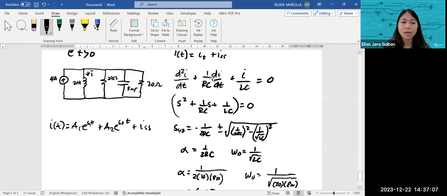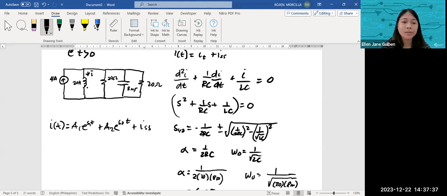Okay, how much is our ISS? If we get into the steady state, this one becomes open. This one, combine the two resistors, that becomes 10. So this becomes shorted. When it's shorted, you will still get the 4 amps. So this one is equal to 4 amps still.